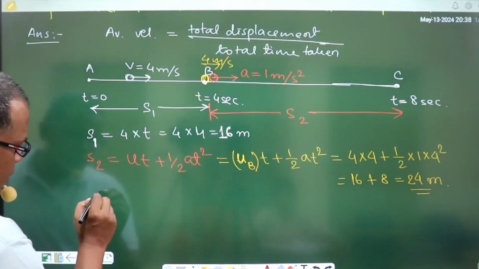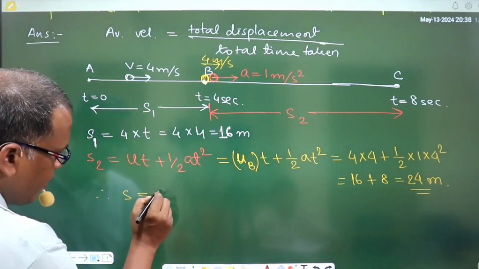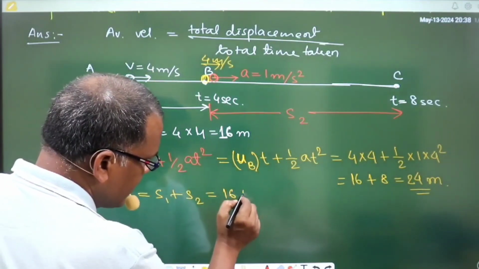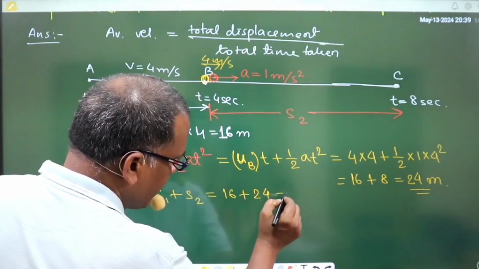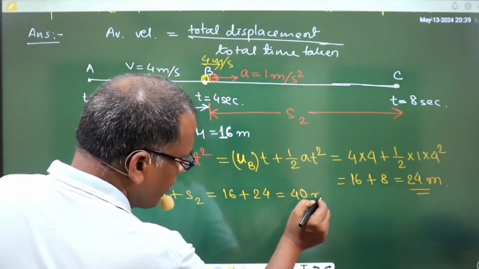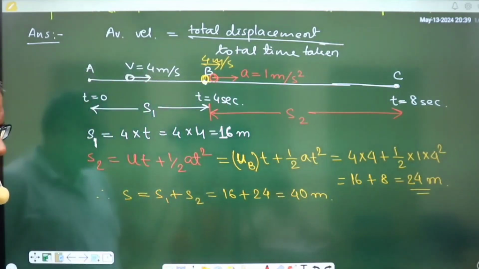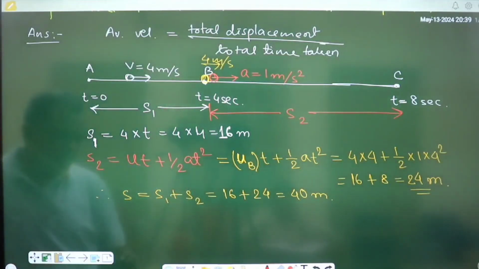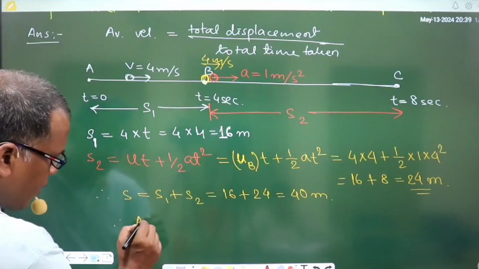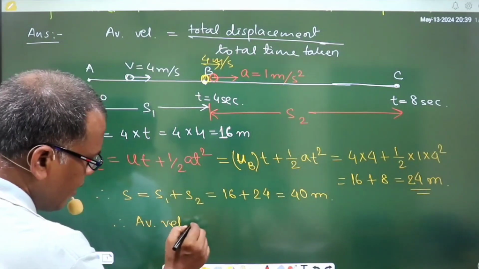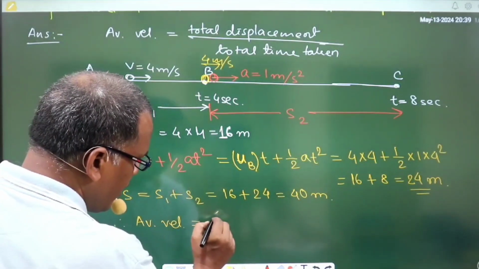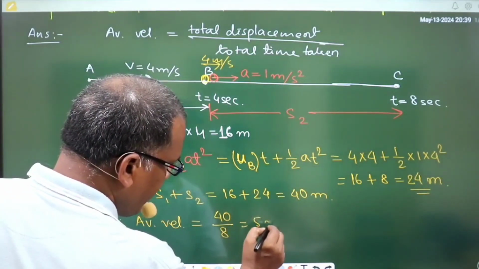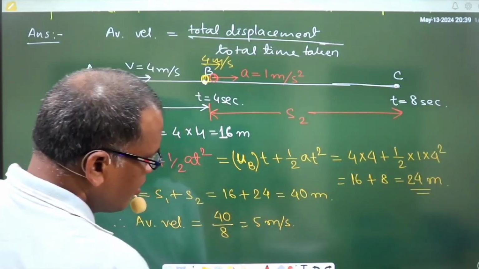So the total displacement will be S1 plus S2, 16 plus 24, that is 40 meter. 40 meter is the total displacement for this particle in a journey of 8 seconds. Therefore average velocity will be total displacement by total time taken, so it will be 5 meter per second.